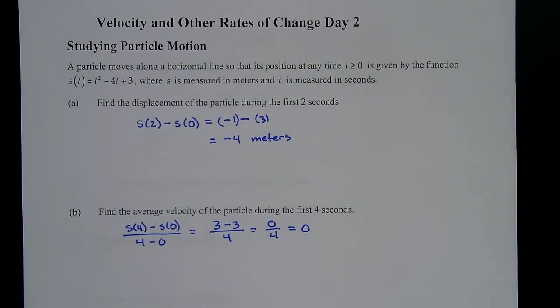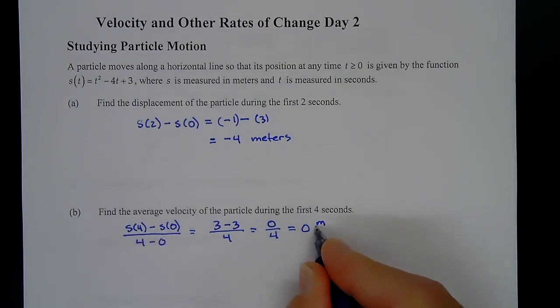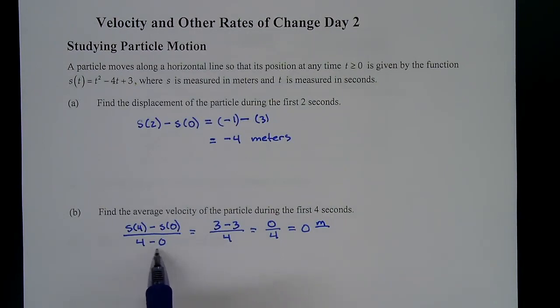Okay, now what are the units on this? Well, the units for the numerator, these are both position, so the numerator unit would be meters. And the denominator is in seconds, so it'd be meters per second. So the average velocity is 0 meters per second during the first 4 seconds, which means we went an equal amount.